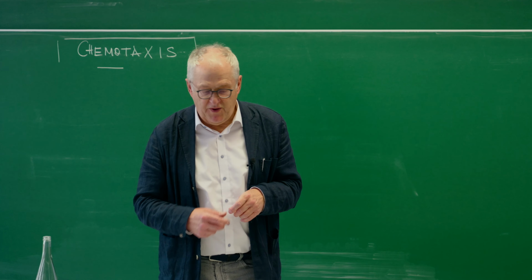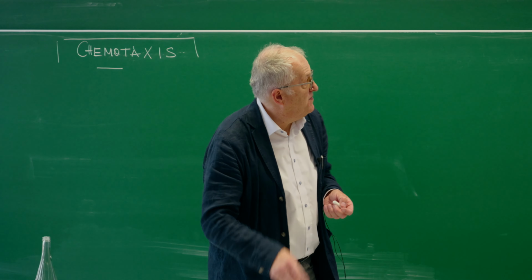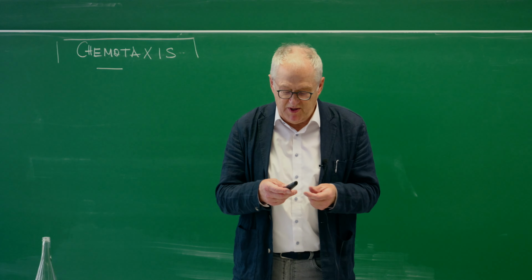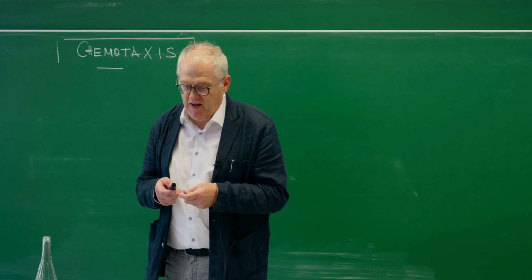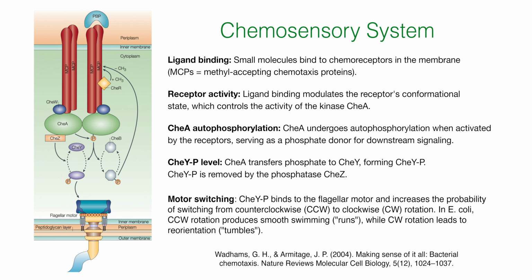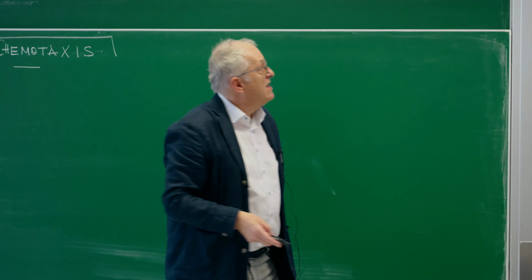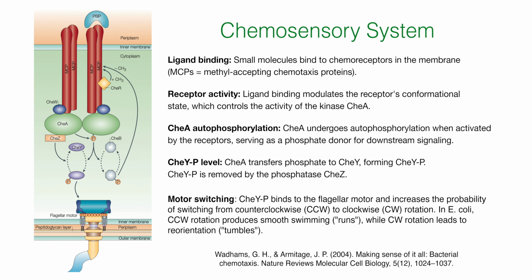So let's talk first a bit about the chemosensory system. And don't be scared, I'm making it very simple and only touch upon things which are important for us. So here you have the cell membrane. On the outside, you may have some signals, some chemicals. And those chemicals are sensed by these sensory chemoreceptors that you have here, which are included in the membrane.